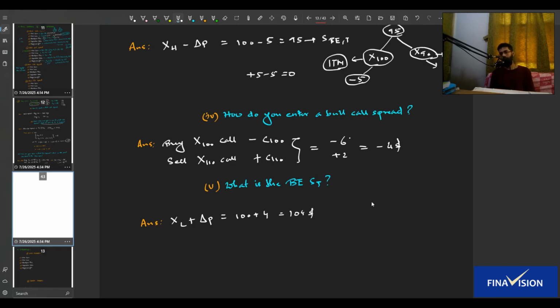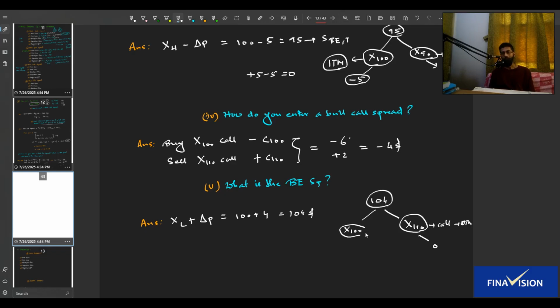Let us verify it. 104 is the price at expiry. Now you bought the X100 call, right? And you sold the X110 call. Now the X110 call is out of the money, right? So this one expires without any value.